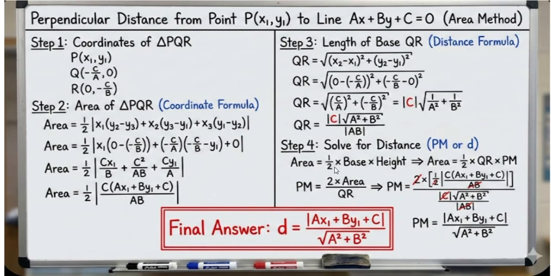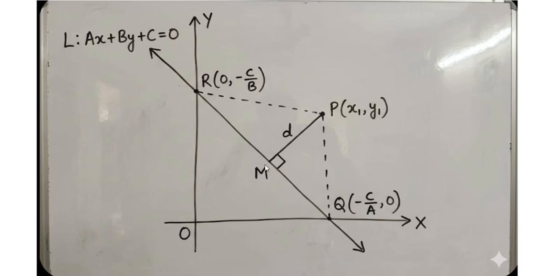If you see the diagram, you can understand: the coordinates of the triangle are given, the base is QR and the height is PM. The area of the triangle we know from the coordinates, the base QR is known, and the only unknown is PM.